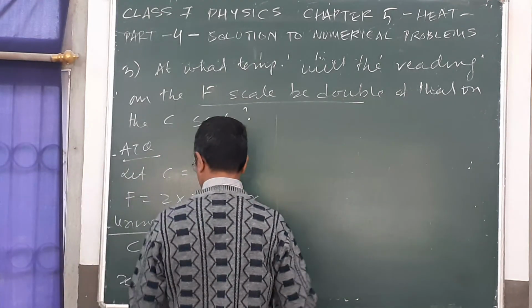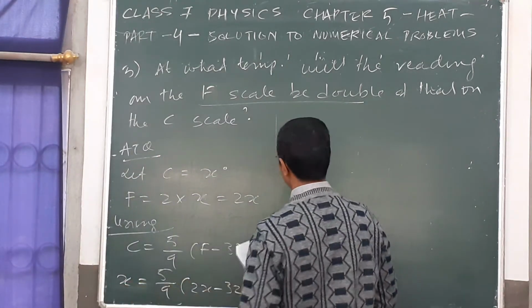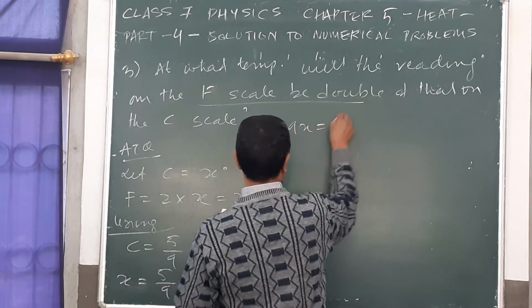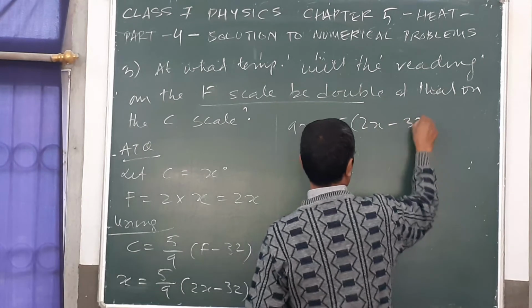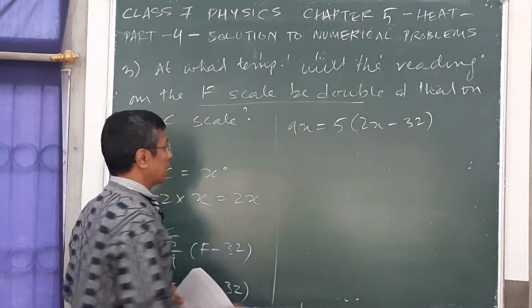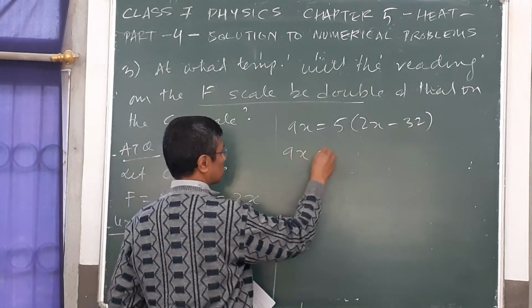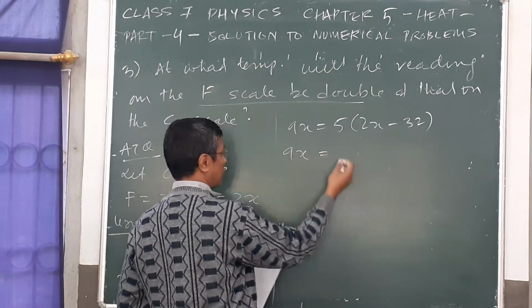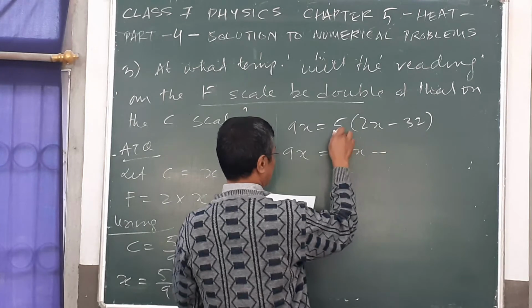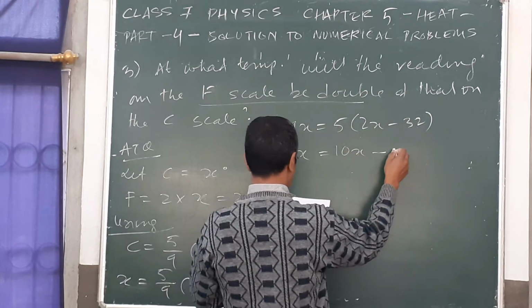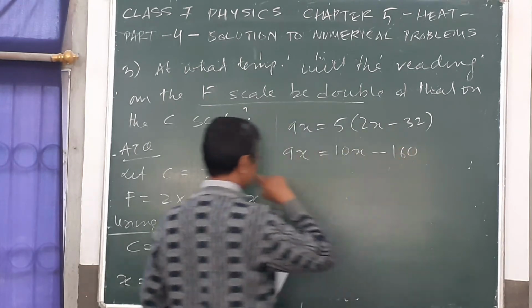First, we will cross multiply 9 and x, which will give us 9x, and the remaining part will be 5 into 2x minus 32. Now, we will expand the bracket by multiplying the values in the bracket by 5. So, 5 into 2x gives us 10x and minus 5 into 32 gives us minus 160.